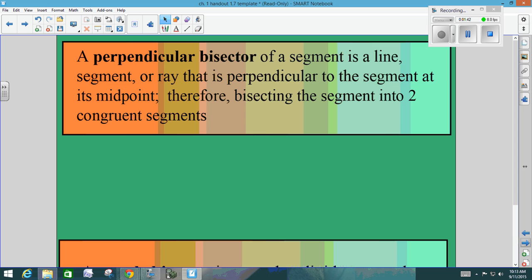Number 2. Perpendicular bisector is a line, segment, or ray that's perpendicular to a segment at its midpoint.